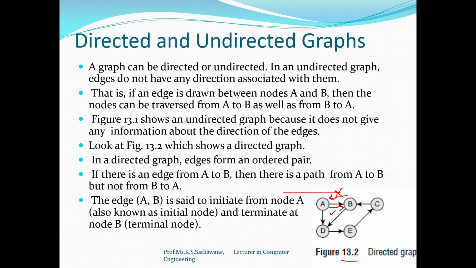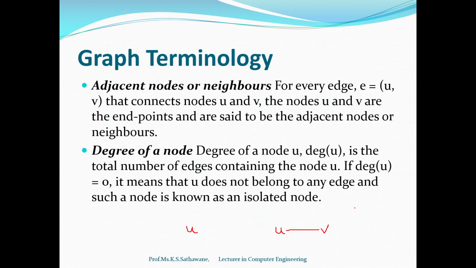Similarly you can traverse from C to B, but you cannot traverse from B to C. So this is a directed graph. So edge AB is said to initiate from node A. So node A is the initial node, or you can call it the source node, and it is terminated at node B. So you can call it the terminal node or destination node.